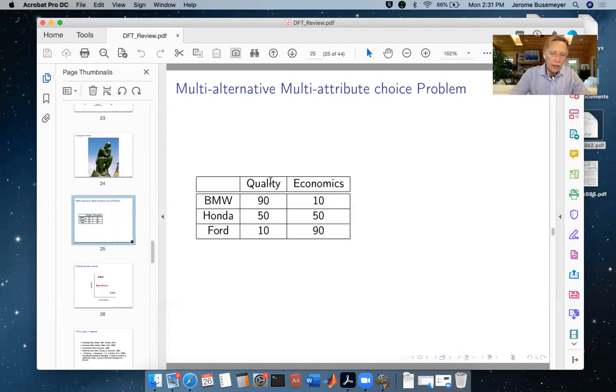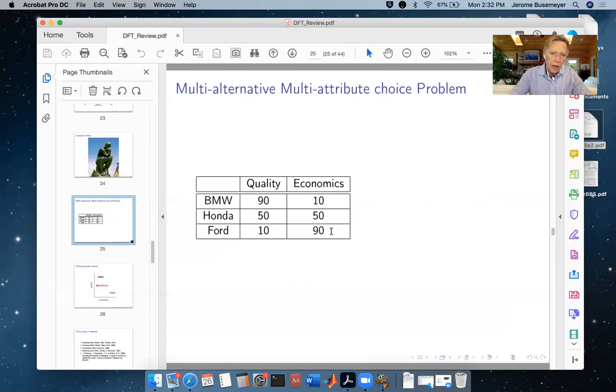But remember, quality is actually a whole bunch of different specific features, and economics has a lot of specific features too. So whenever you think about quality, you might pick up some high quality value from BMW, but you might pick up some kind of low quality value for Ford. But if you're thinking about economics, just the opposite happens. You think of some low value for BMW because it's kind of expensive or insurance costs a lot.